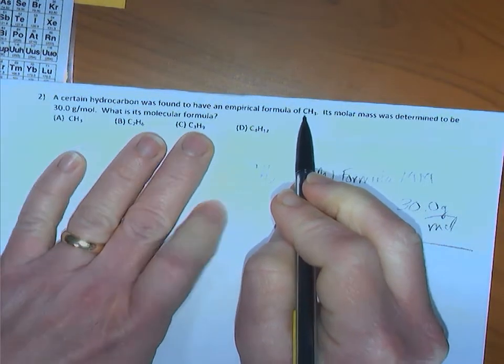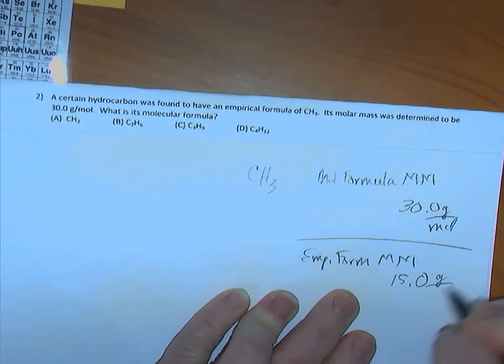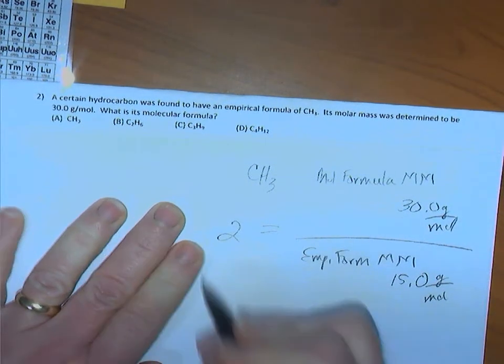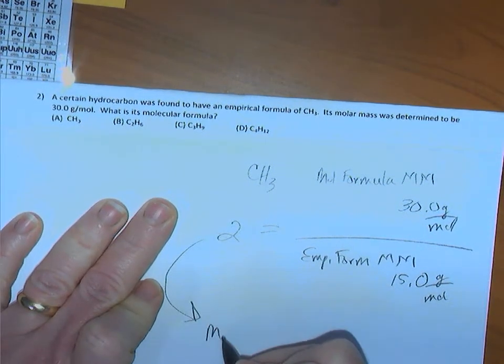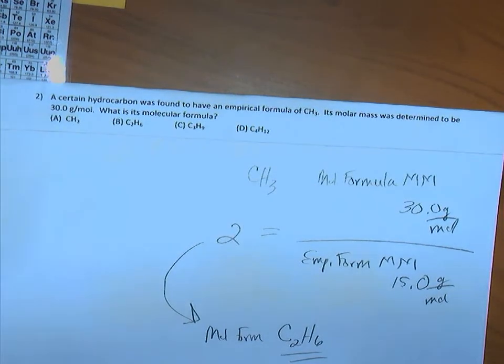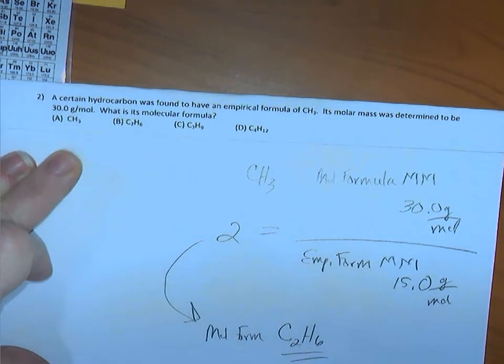And so 1 carbon and 3 hydrogens would be approximately 15. And then dividing those, you get your multiple, which in this case would be 2. And then you apply that to get your molecular formula, which in this case would be C2H6. And so the correct choice for this multiple choice would be B.